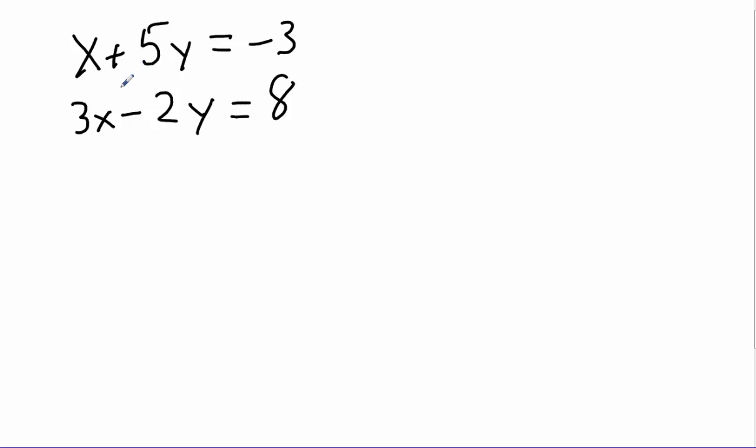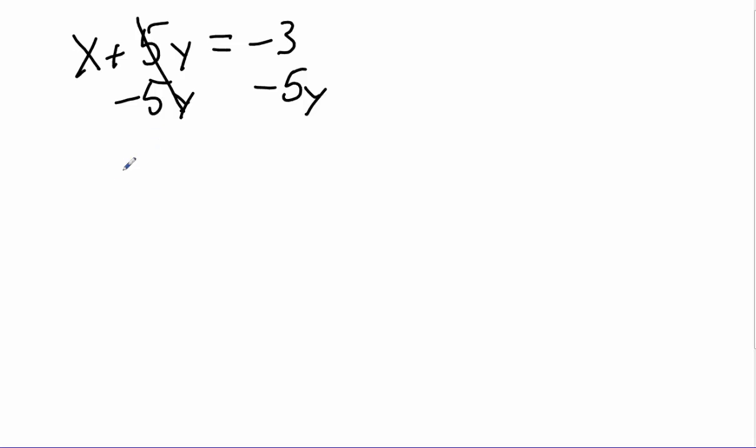So what I'm going to do is subtract 5y from the left and the right. Actually, let me erase this. We're going to subtract 5y, subtract 5y, and we're left with x equals negative 3 minus 5y.